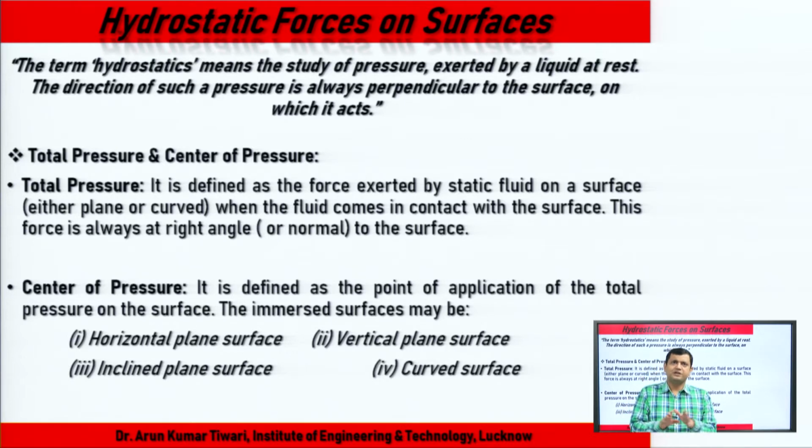To summarize: hydrostatics means the study of pressure exerted by liquid at rest, with direction perpendicular to the surface. Total pressure is the force exerted by the static fluid on a surface, and the surface may be of any type, plane or curved.